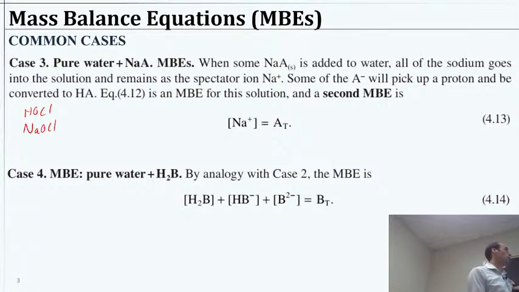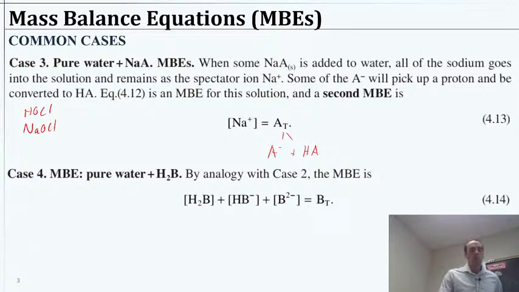There's no other sources of sodium or A. Now, we will note that there certainly will be some A minus and HA in here. That will also hold true, but we can just describe it as A total.